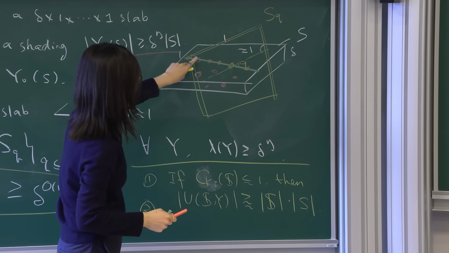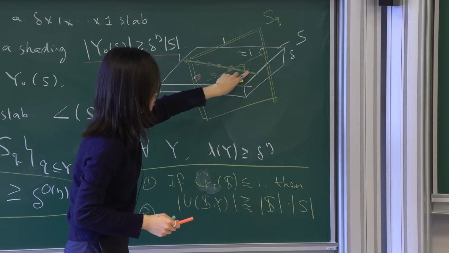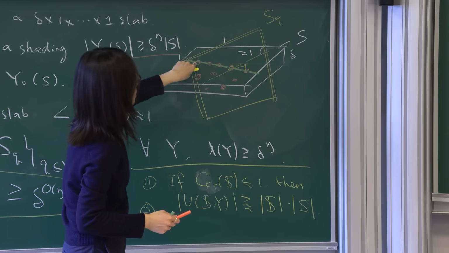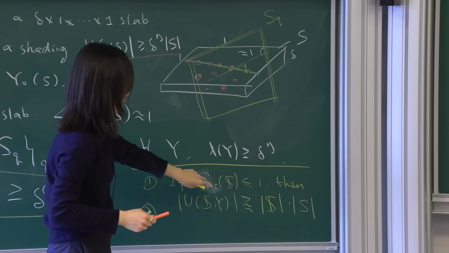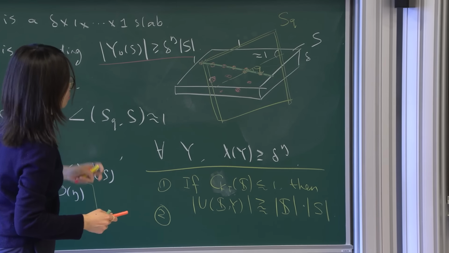Then we show that the set of those S_Q from the delta balls on this green line will satisfy this Katz-Tao-Wolff axiom. It uses the same argument as claim one.